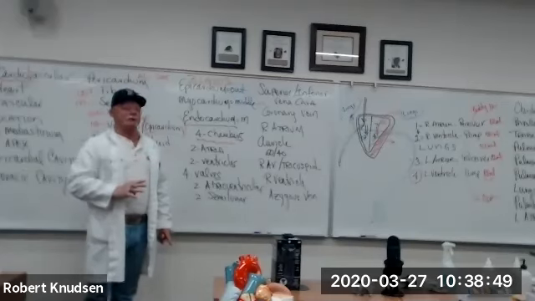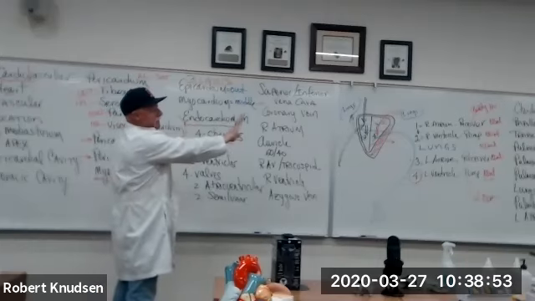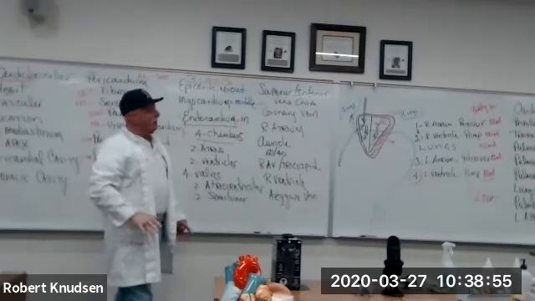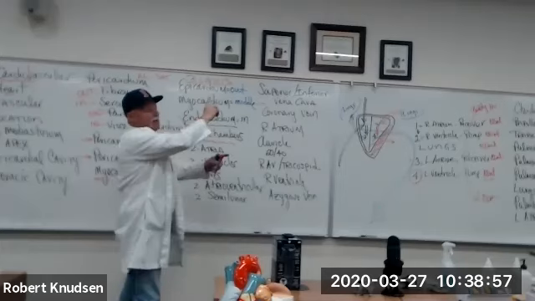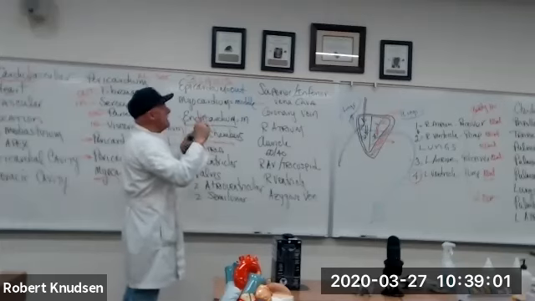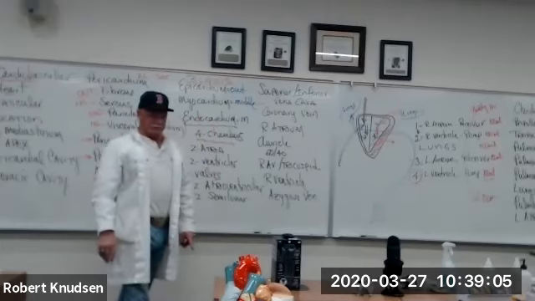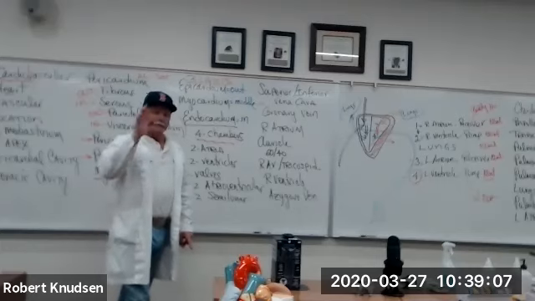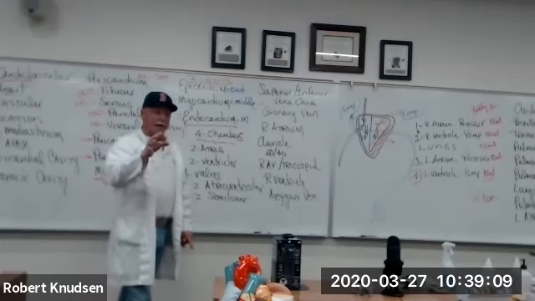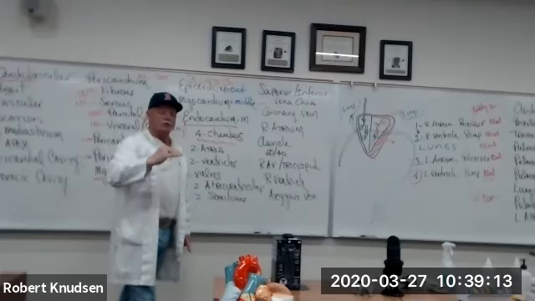It's the most efficient because it keeps unoxygenated blood separate from oxygenated blood. One side is receiving it and pumping it up to the lungs to be oxygenated, and the other part is taking it from the lungs and pumping it out to the body to take it to the cells. Okay? Heart is a pump. It is a four-chambered pump, two of them being receivers, two of them being pumps.